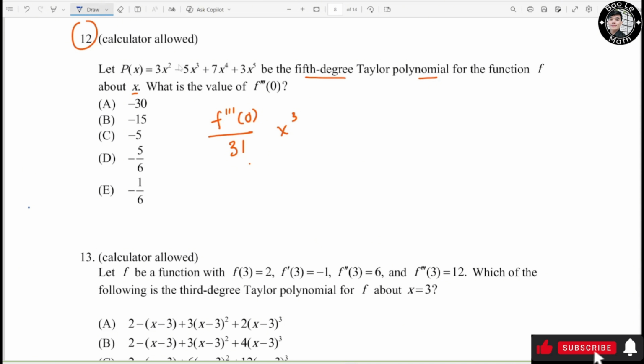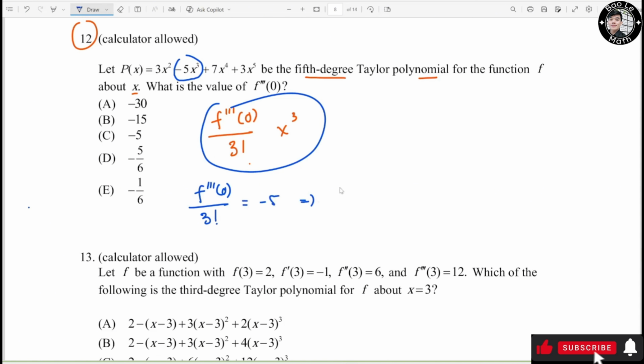Now we just match this up, -5 s cubed and this one right here. So we have the coefficient f triple prime of 0 over 3 factorial equals -5, right? So f triple prime of 0 equals -5 times 6, which is -30, right? The answer must be A.